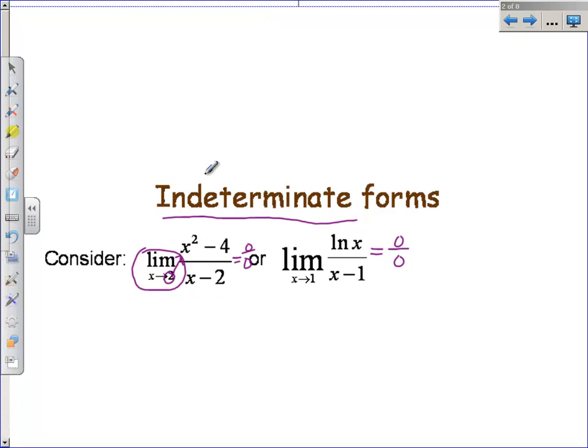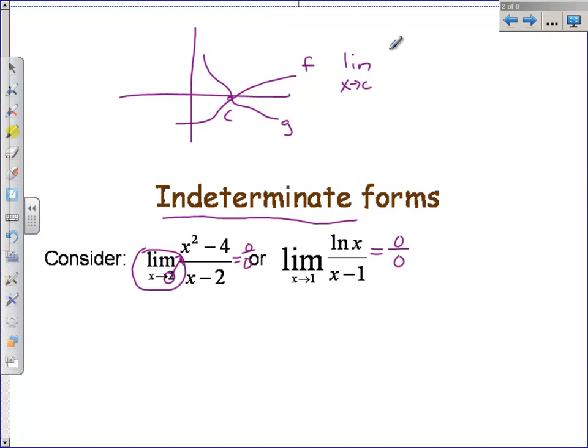L'Hopital's rule basically comes from a really simple proof. And it says that if you have this function f and also this function g, and I'll call this point c here. So if you have a limit as x approaches c of f of x divided by g of x, and if both of these y values are 0 over 0, then you can replace them with their tangent line equations.